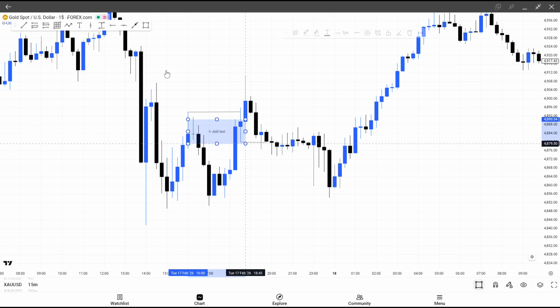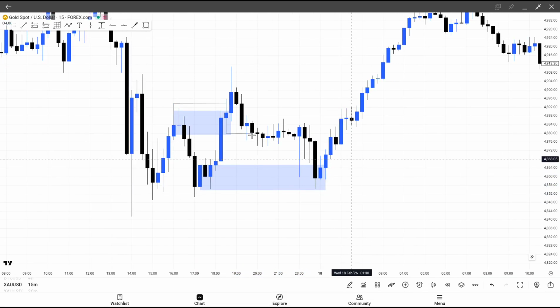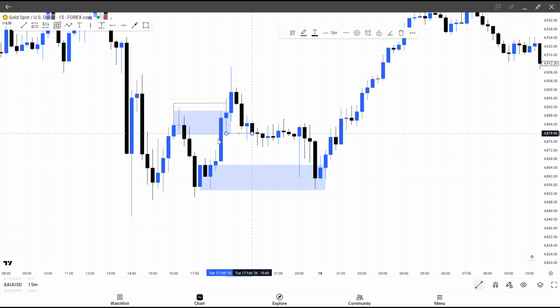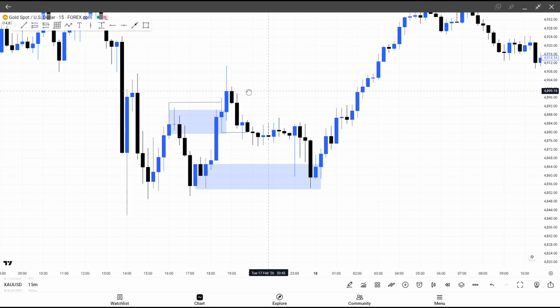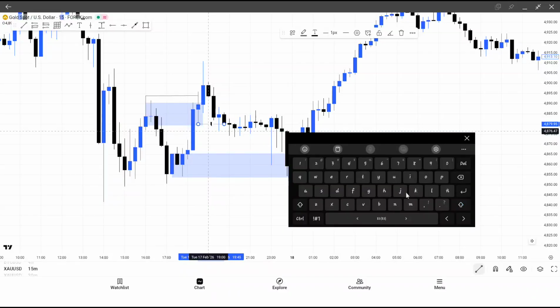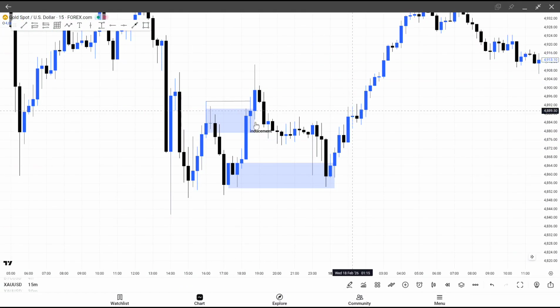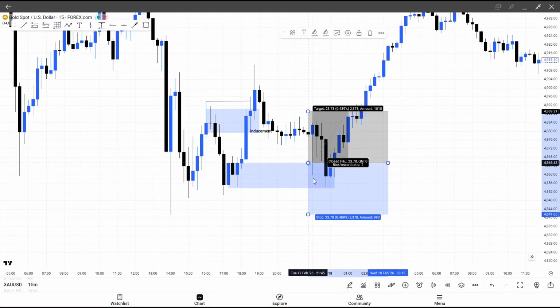We have this breaker block, and also we have this order block. So we take the POI that has not been mitigated. What's the point of interest that has not been mitigated by price? This order block, because we see that price used this breaker block, it mitigated it. So we are going for the order block.